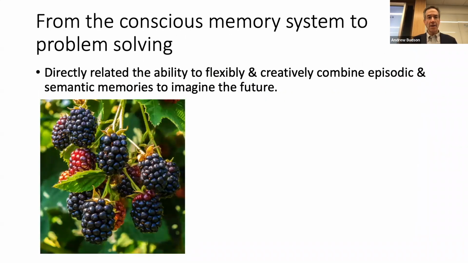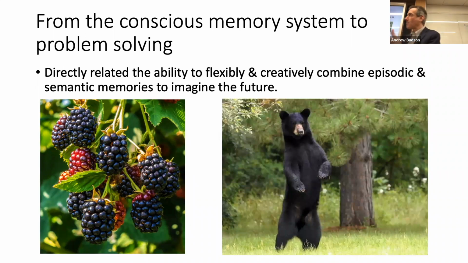So, for example, let's say that you have a memory of going to pick berries outside a cave. Okay, well, that's great, but you also have a memory that you were by the same cave and you were chased by a bear.